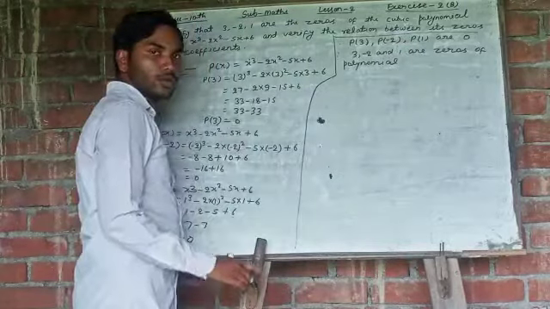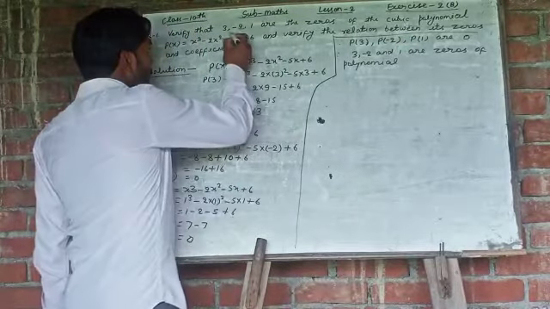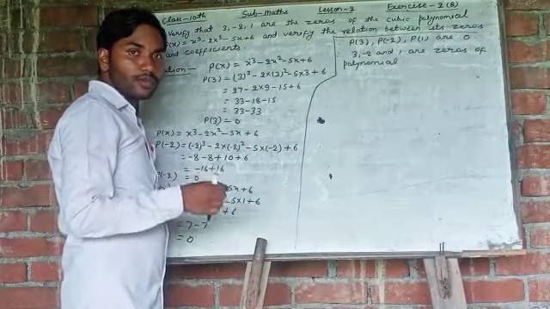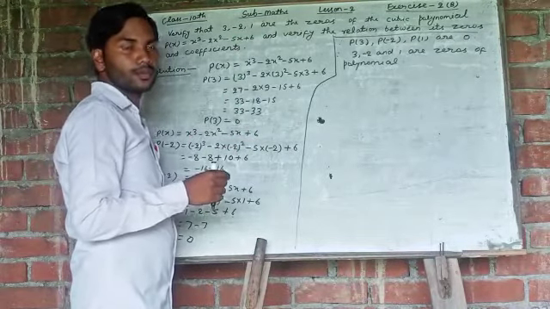So first we verified that these values are zeros of the polynomial. Now we will find the relation.